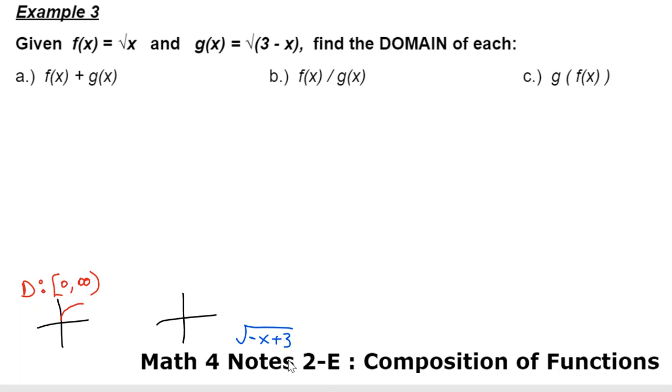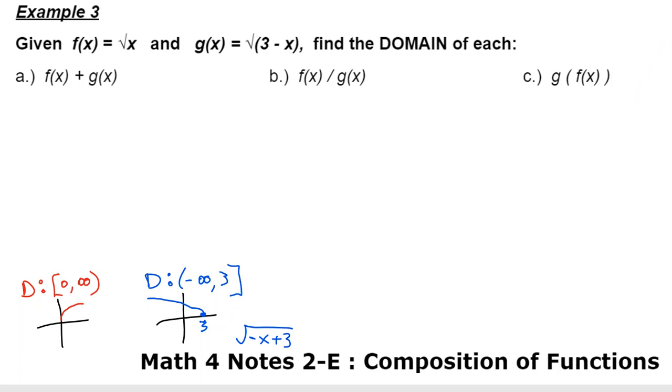It's going to flip across the y-axis, left to right. But for some reason, the plus 3 in there does not mean that we're going to go left. I think it has to do with the negative inside the square root. The plus 3 actually means that we're going to go right. And of course, it's been flipped. The negative x means that we flipped it, but for some reason, the plus 3 comes over here, and that's a special case. But that means that my domain is going to start at negative infinity and go all the way up to 3. Now, the question is, where do they overlap?